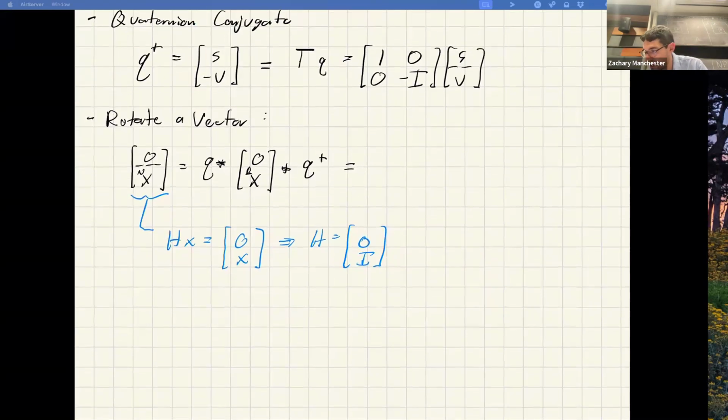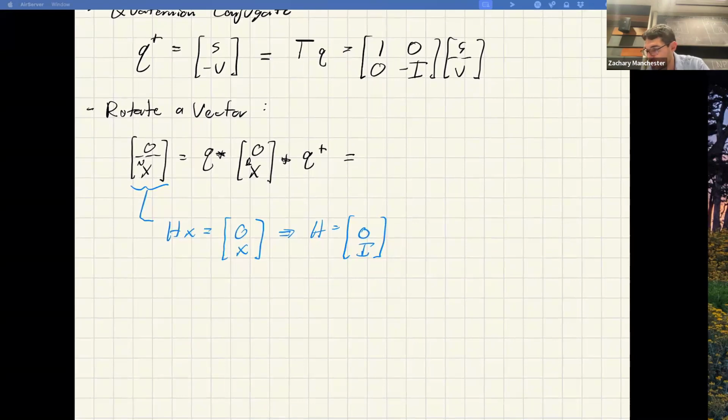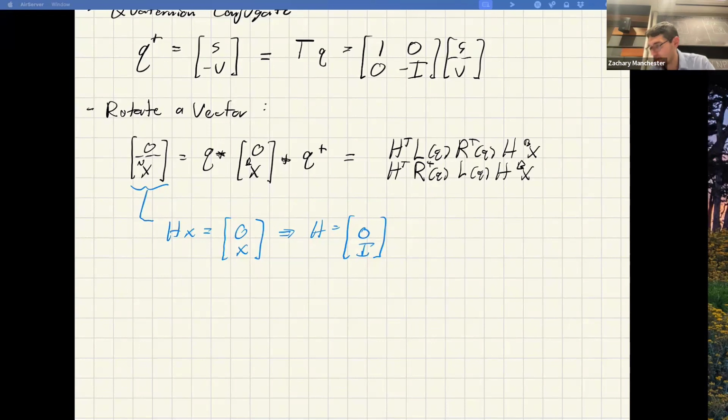Okay, so knowing that, I can write this stuff in terms of our L's and R's as H transpose L of Q, R transpose of Q, H, X, B. I can also write it as H transpose R transpose of Q, L of Q, H, X, B. Those are equivalent. That's just me grouping it one way or the other, right?